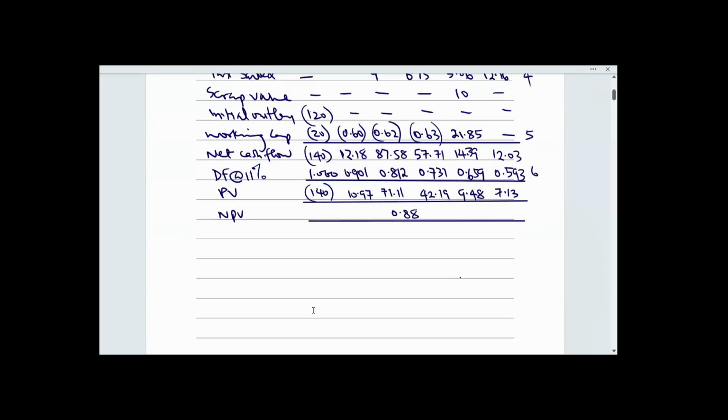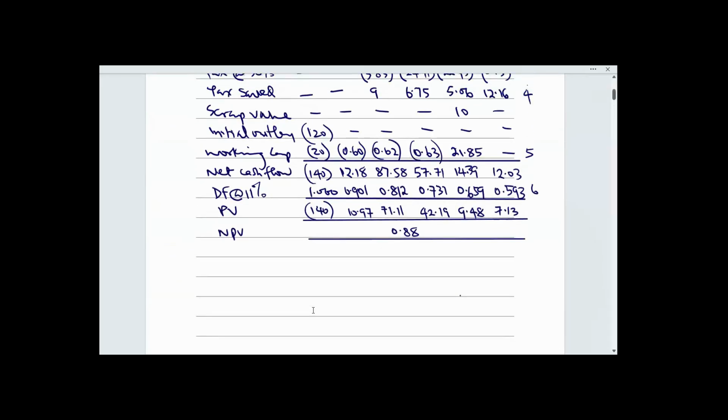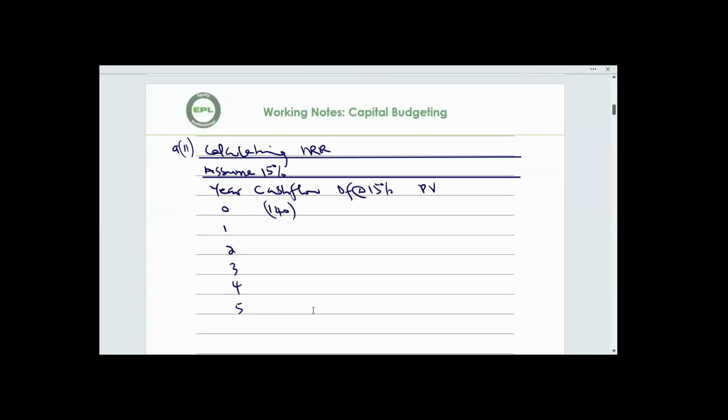So if I like, I can change my format to the normal one you are used to. I can just say here: cash flow, discount factor at 15%, then present value, year 0, 1, 2, 3, 4, and then 5. Cash flow of year 0 is 140. Year 1 net cash flow, we got 12.18.